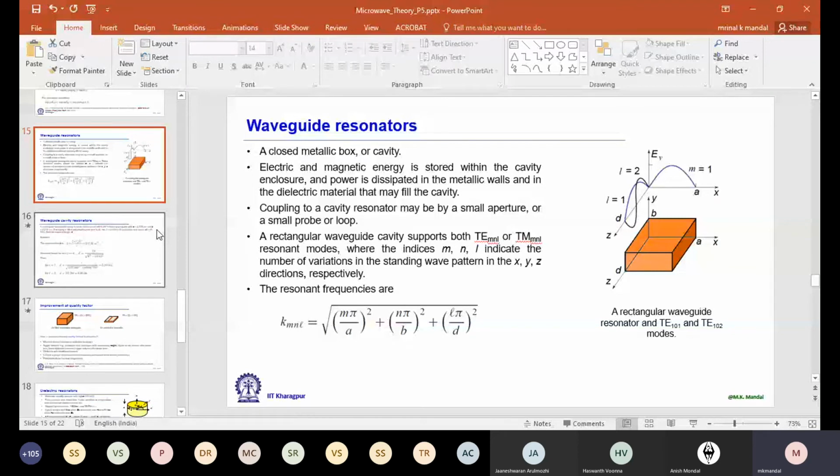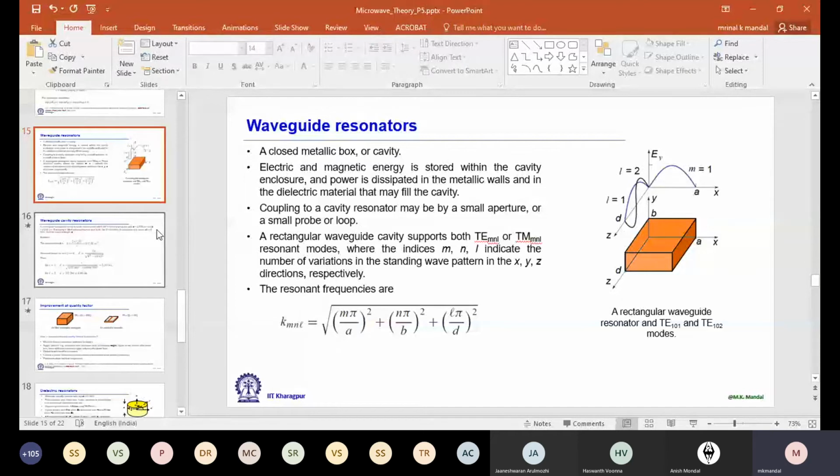Well, now if it is short circuited at both ends, we use the same logic which we learned for transmission line, and instead of the current-voltage concept, now we have to use the field concept, because for a waveguide we know it will be either transverse electric mode or transverse magnetic mode.